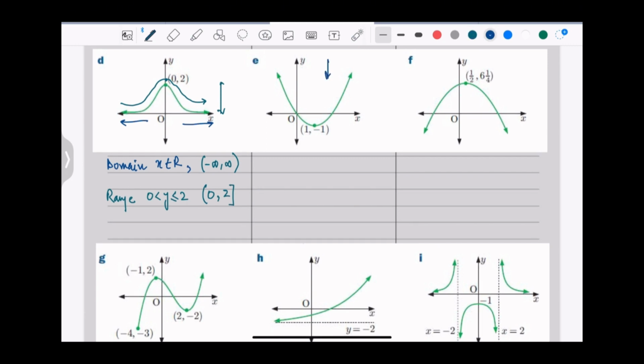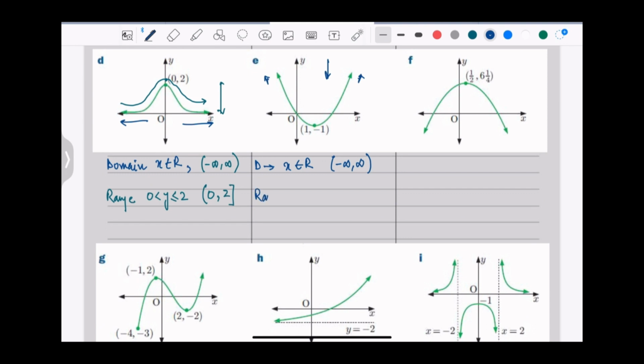For this function, as you could see, the function is not ending, it's going up and right, and on the x-axis it's expanding both ways. So the domain will be x belongs to real numbers, or -infinity to infinity.